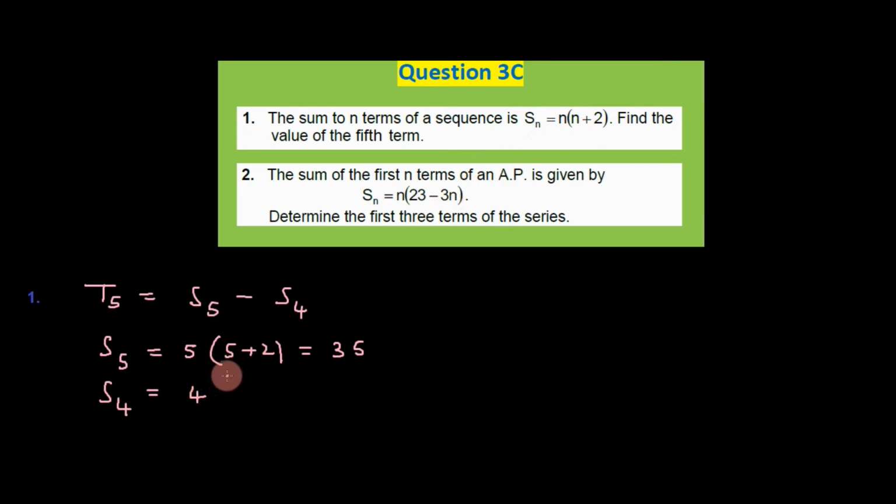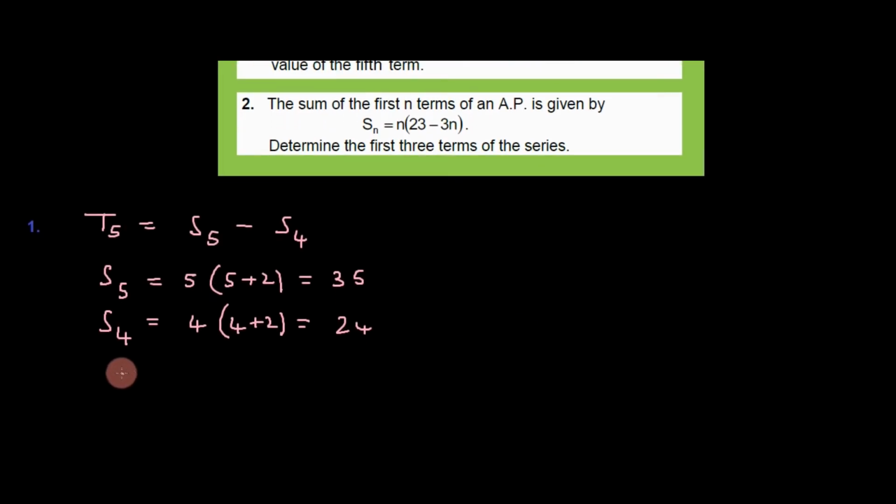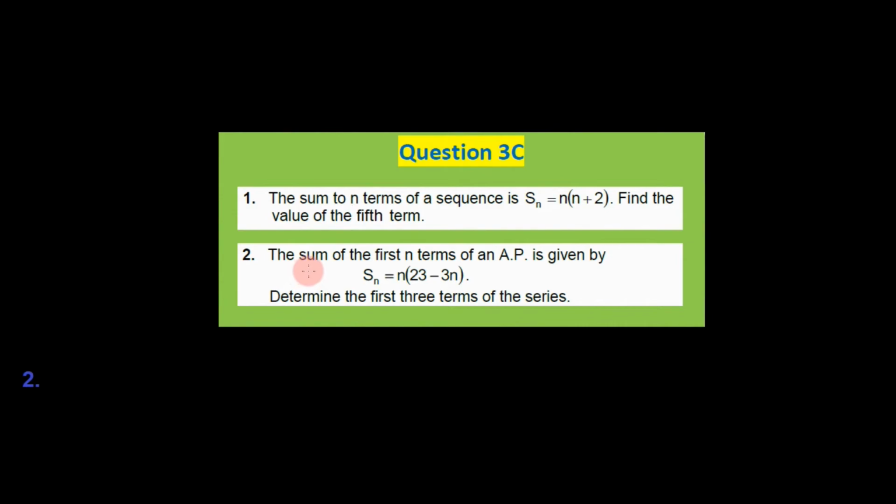So it's 4 into 4 plus 2, and that's 4 times 6, which is 24. Now we can easily work out T5, or the fifth term. It's going to be S5, which is 35, minus S4, which is 24. And this equals 11.